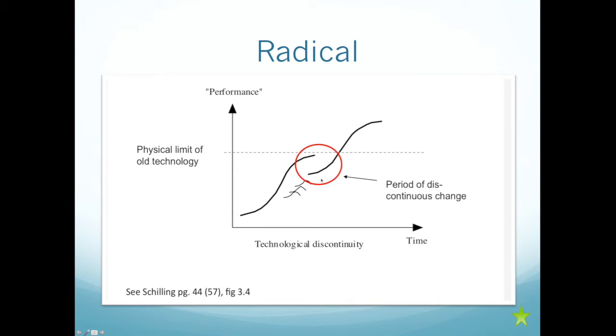And in the beginning, this new innovation will have lower performance than the old. But as this S-curve starts with lots of incremental changes, this new innovation will get higher performance than the old one. And a new paradigm, technological paradigm, has started here. And after a while, the old users of this technology will all have left and started using the new technology.